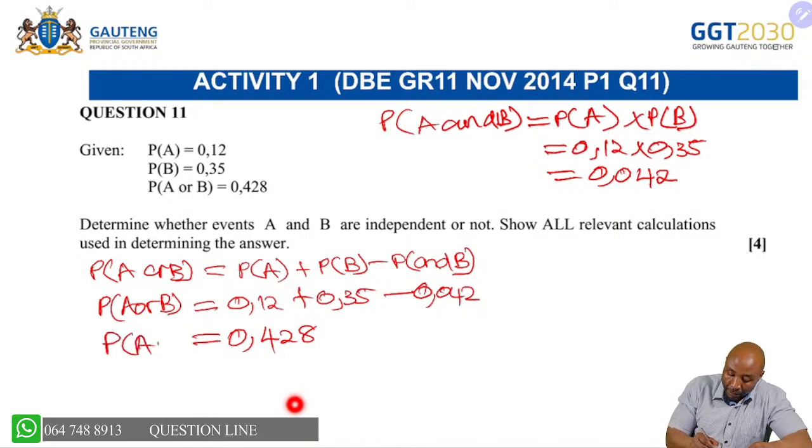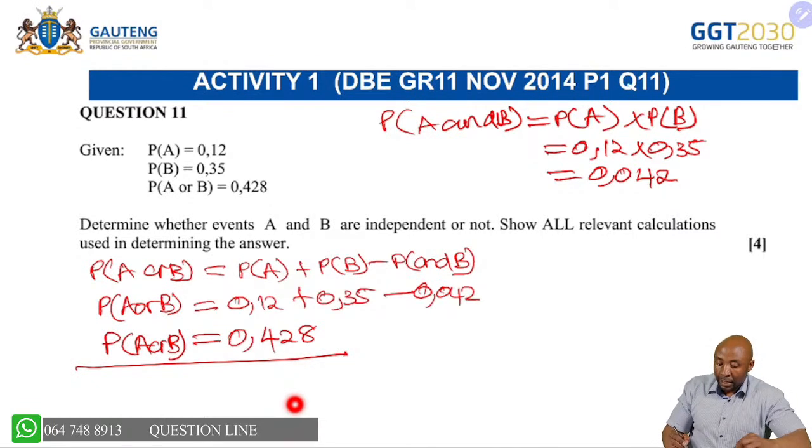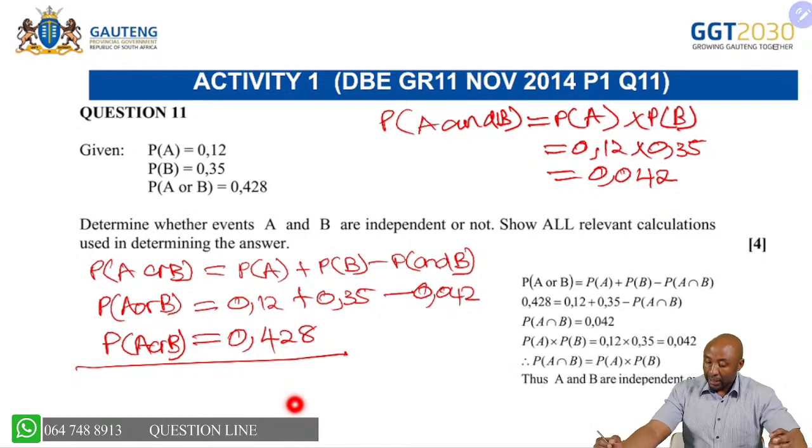That's the probability of A or B. So what we are given is equal to what we get when we are using the principle of independence. We can use that, or alternatively, we can just substitute and show that the product will give us the same as what we will get when we are using the equation, and we get our 4 marks.